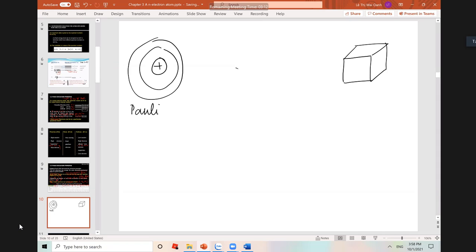However, when you have another atom, it is a molecule, so you also can apply the Pauli exclusion principle.